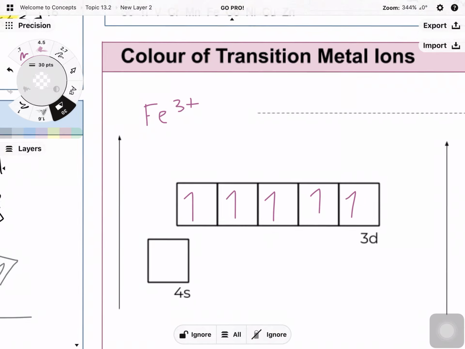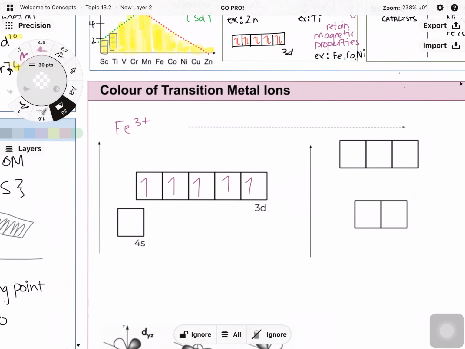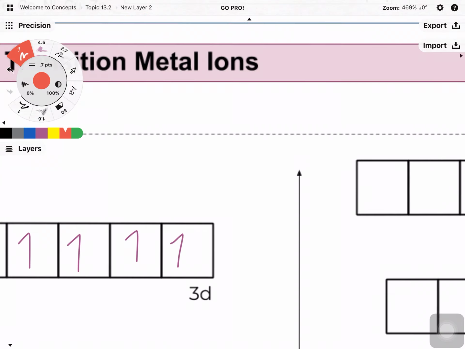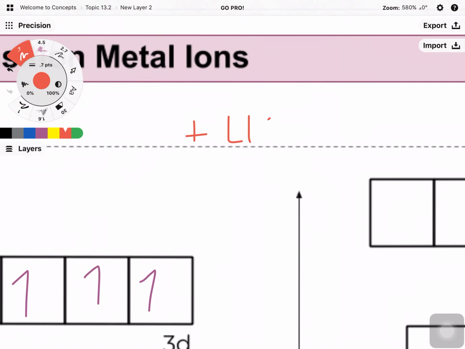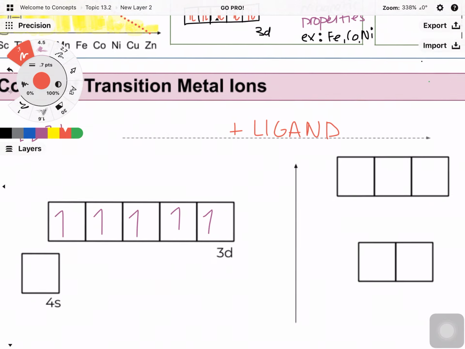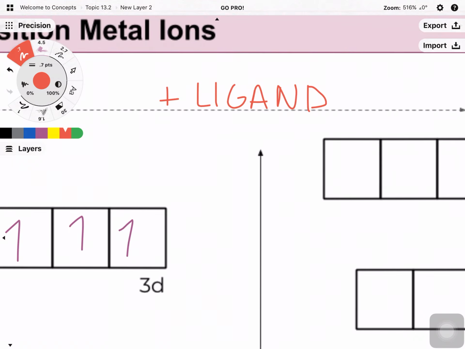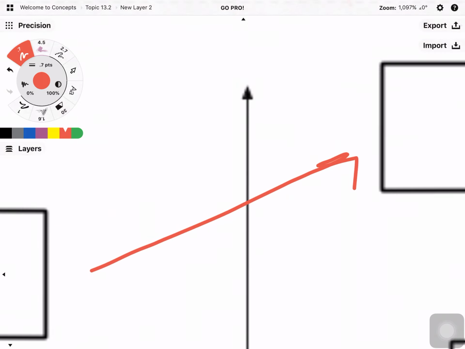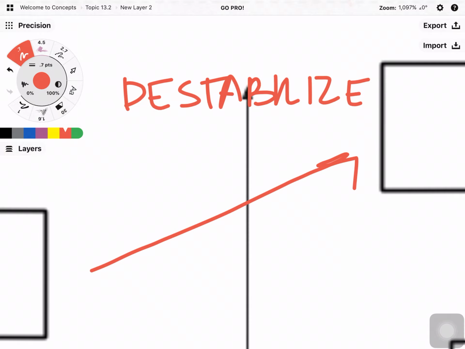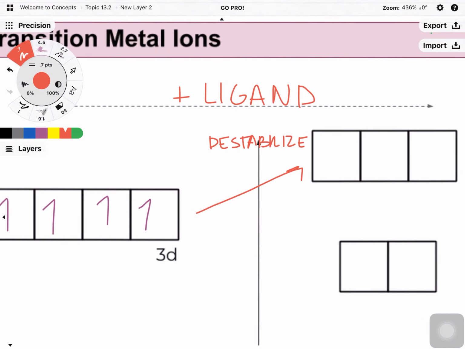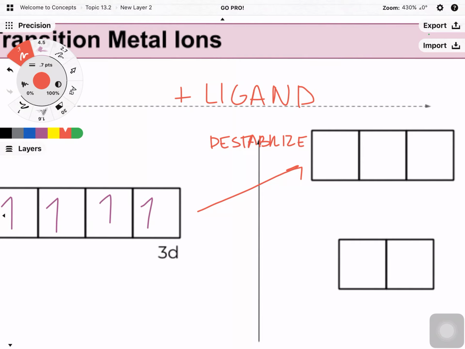Okay, now what happens when we add a ligand? With the addition of a ligand, these 3d orbitals actually split. Some of the orbitals become a higher energy. Some of them destabilize, meaning they're no longer as stable as the initial 3d orbitals, and so they are at a higher energy.